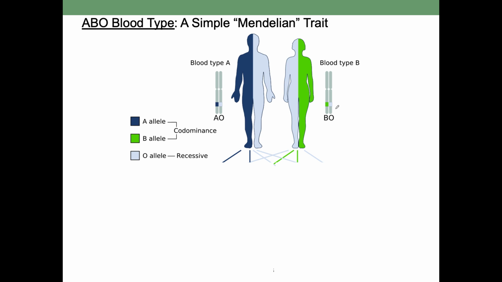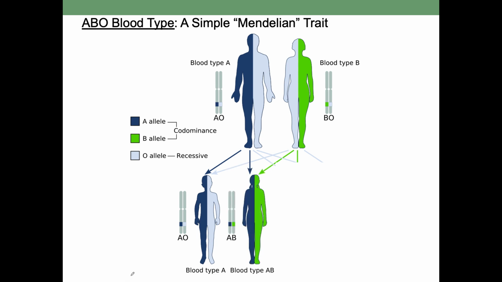But let's say, for sake of our argument, they had 100 kids. One possible combination of alleles is they get an A allele. Let's say that this is dad and this is mom. They get the A allele from dad and the O allele from mom. Guess what? They have blood type A with the genotype AO.